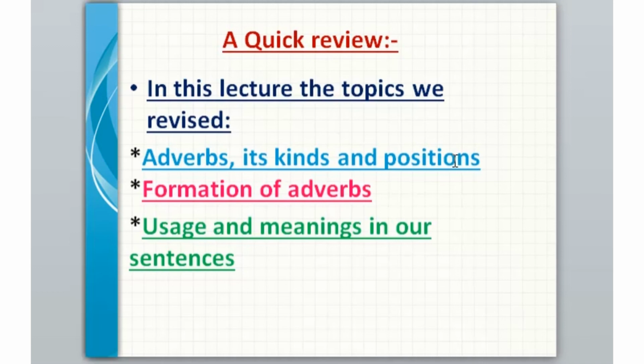For example, take one adjective, which is quick. So how do you make it in the adverb form? By simply adding ly to it. Like that, adverbs can be formed. And the next topic that we did in this lecture was the usage and meanings in our sentences.